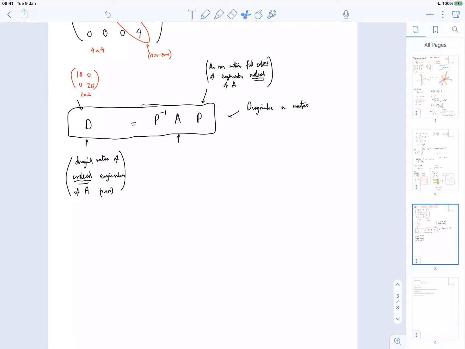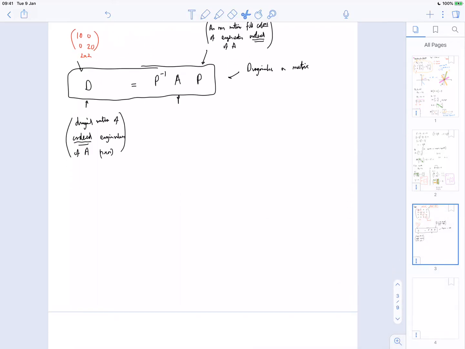So if I use this other example back up here, let's convince ourselves. Let's have an example of how this would work. So remember, from the previous example, remember that what did A equal? It equaled 0, 1, 1, 0.